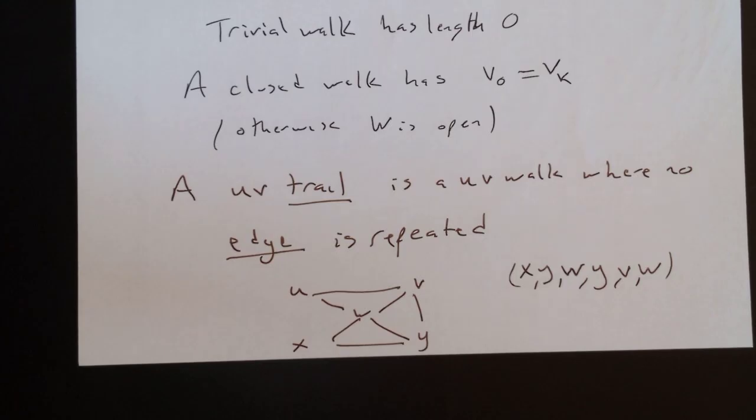X, Y, W, back to Y, up to V, down to W. But that's not a trail because, where? I go from Y to W, I go right back from W to Y. So that's not a trail.